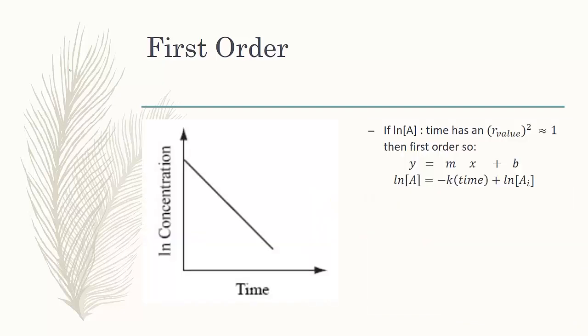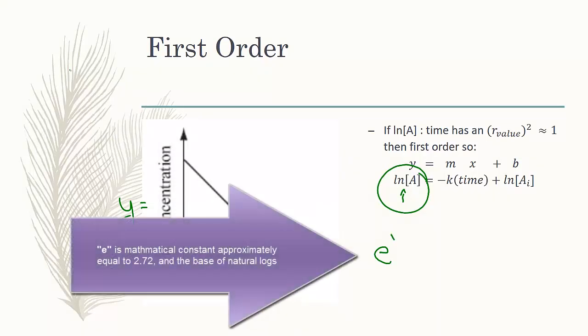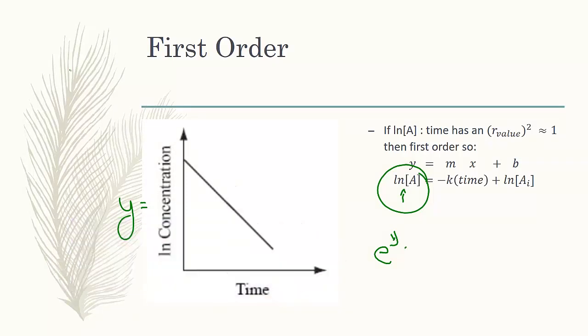If the natural log of concentration versus time provides us the straightest line, if our R value is closest to 1 in that case, that means that our y values are the natural log of our concentration. So if we want to know the concentration at a particular time, you will have to undo that natural log, meaning you'll have to raise e to whatever y is in order to determine the concentration of your reactant at a given time.